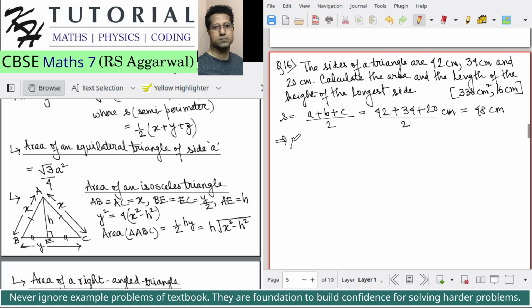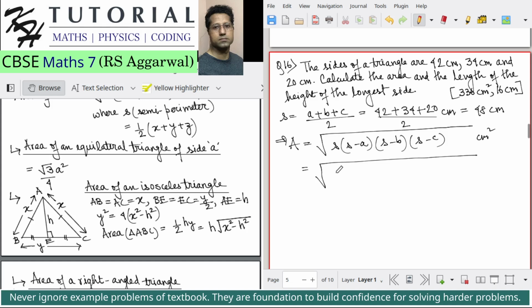Therefore area is equal to square root of S multiplied by S minus A multiplied by S minus B multiplied by S minus C, this much centimeter square. Here S is 48, so 48 multiplied by 48 minus 42, multiplied by 48 minus 34, and 48 minus 20, this much centimeter square.